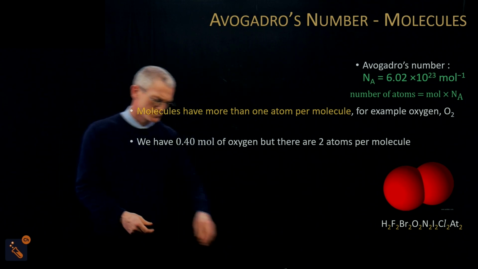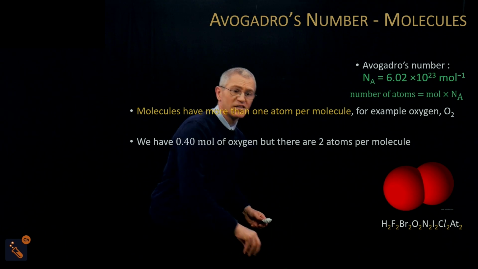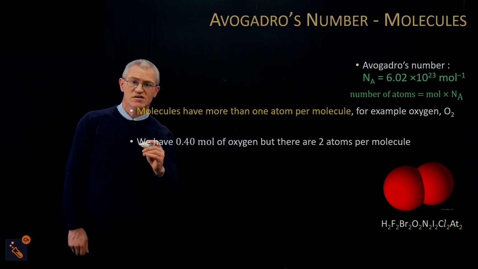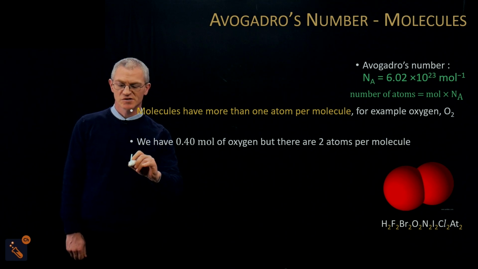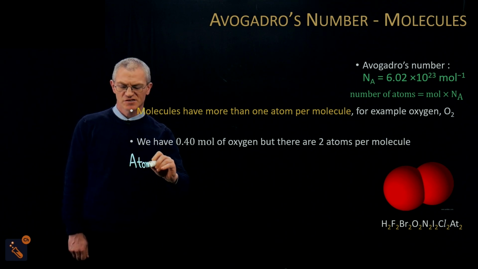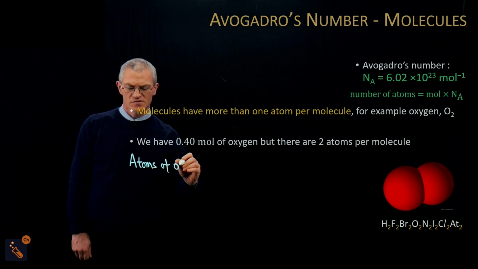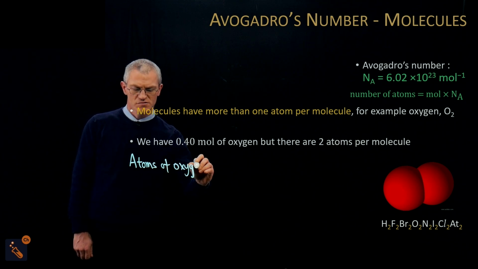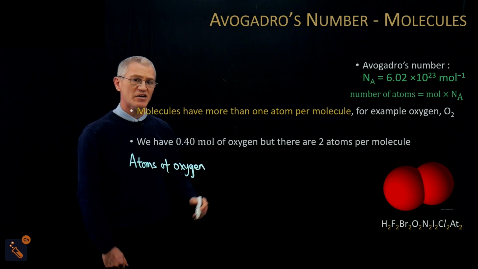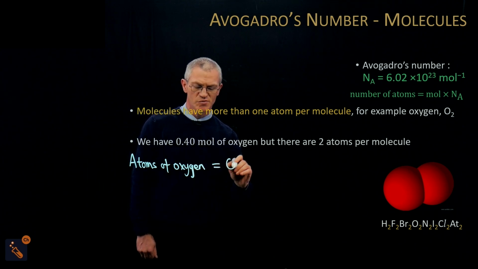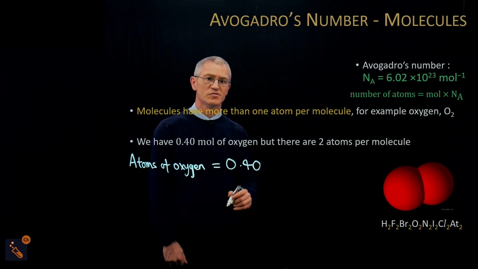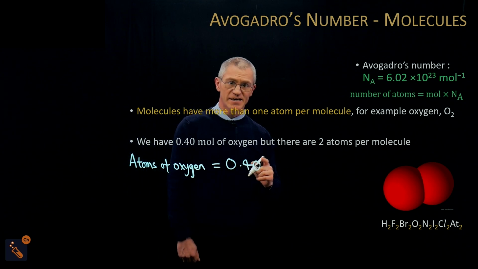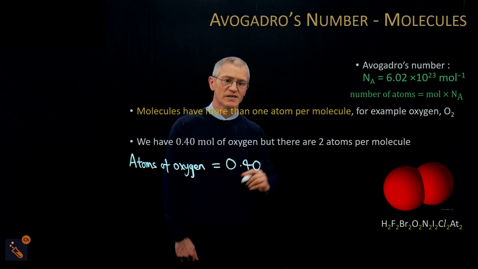So what we do is we take the number of moles that we have here, and we want to work out the number of atoms, the atoms of oxygen. It doesn't matter what order you do it in really.